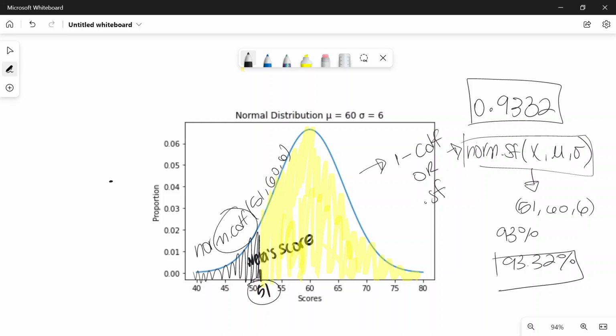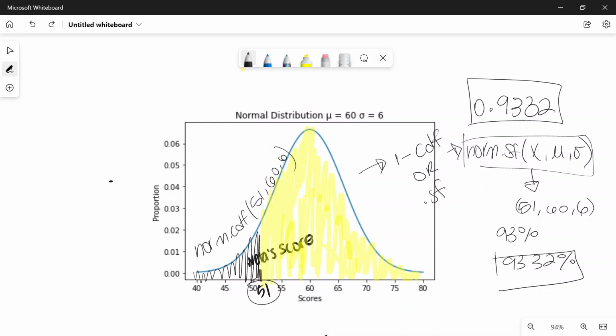The only difference is that CDF only calculates the proportion or the area below a point, so to the left, while 1 minus CDF gives the rest. If I have a distribution and I want whatever this is, I can just do 1 minus that, because that's going to give me the rest of it. It's common sense that if I want the opposite, the yellow, I would do 1 minus the black area over here.